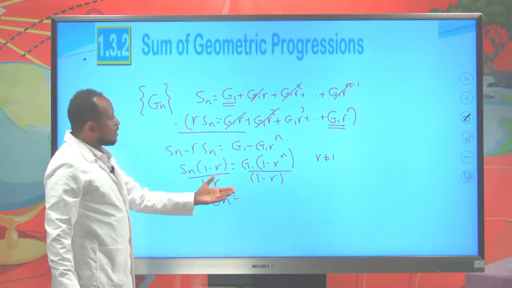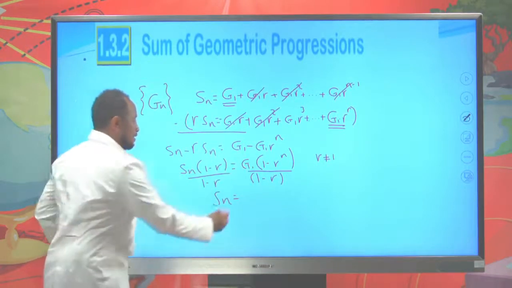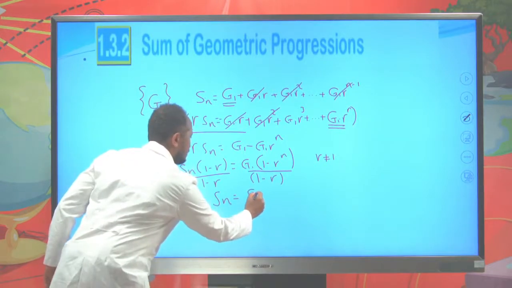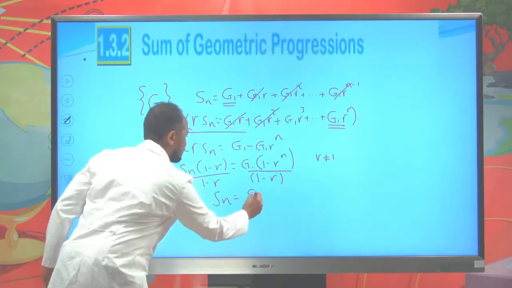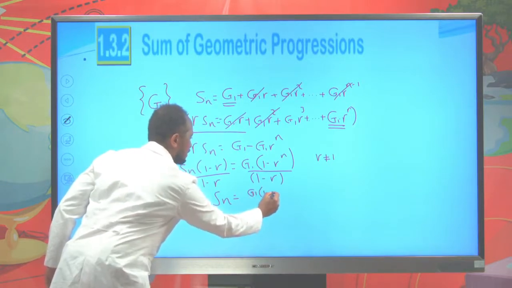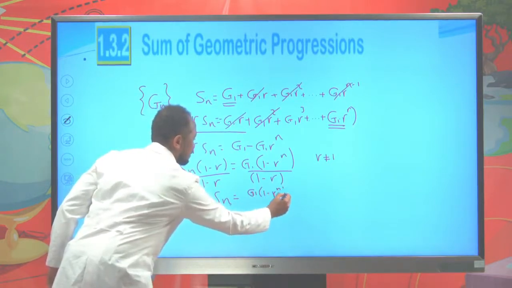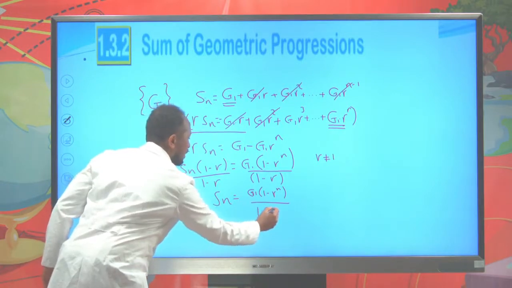This is a formula. By the way, we can rewrite it in this form: g1 times (1 minus r raised to n) over 1 minus r.